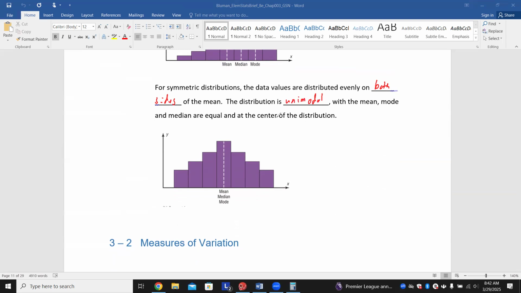The mean, mode, and median are equal and at the center of the distribution. So you can see a unimodal, perfect set of data, very even. The mean, median, mode are pretty much all the exact same number.